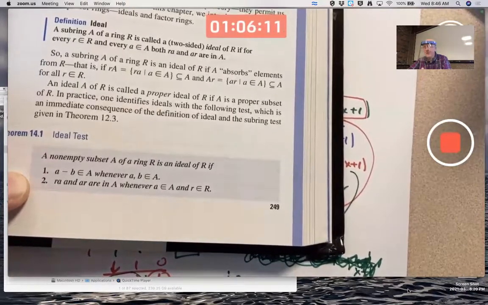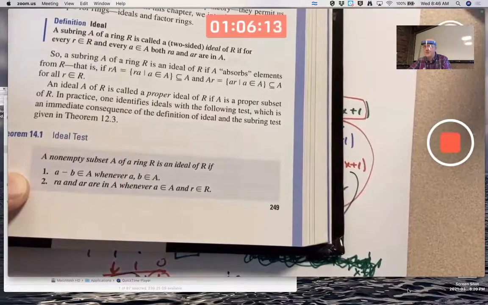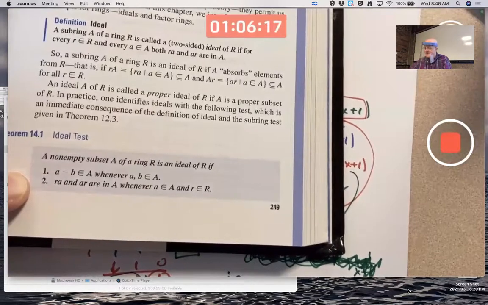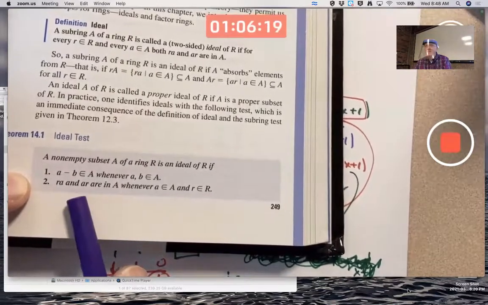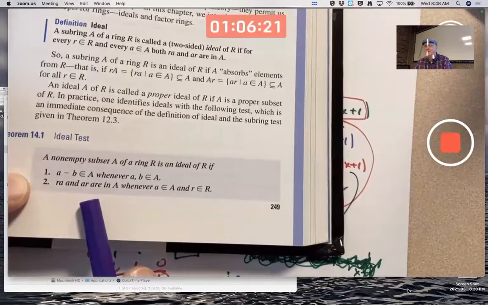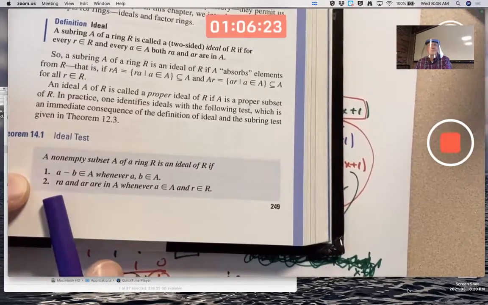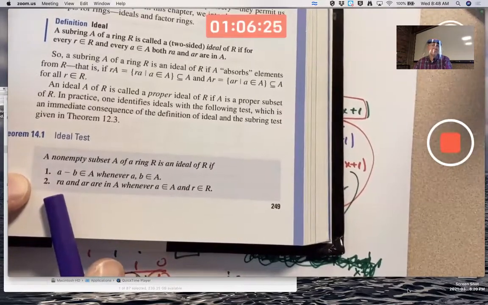They do imply closure under subtraction and closure under multiplication, but they imply a bit more. It's more than closed. It's hyperclosed or superclosed. What do I mean by that?